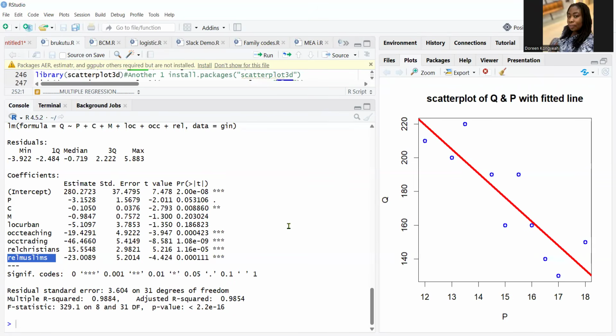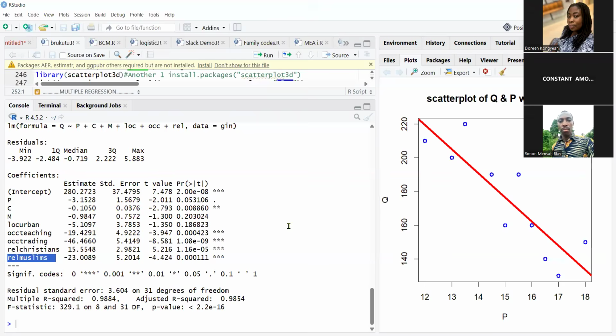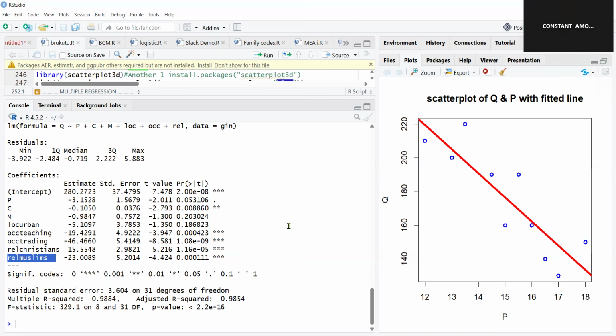Anybody? Not specifically religion Muslim, but what? There's one you will not hold constant. You say holding or giving price, complement price, blah, blah, blah. But which one will you not hold?